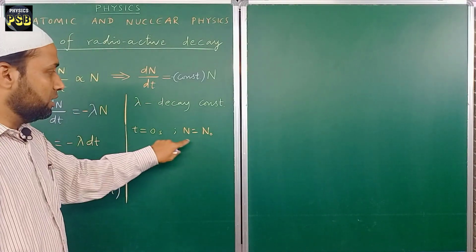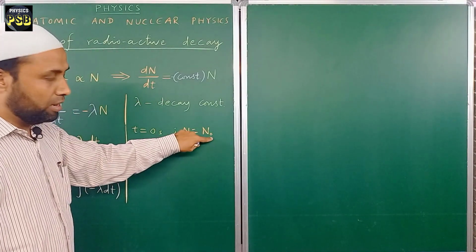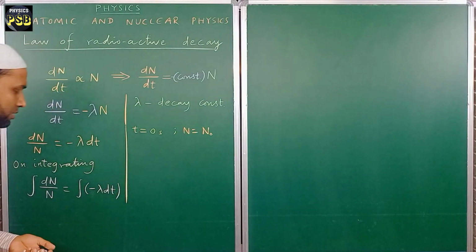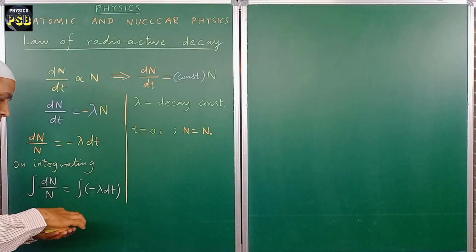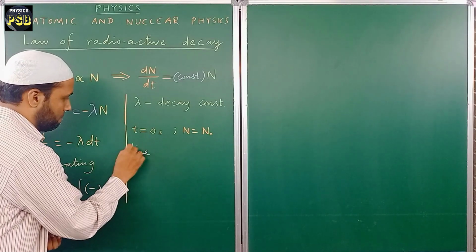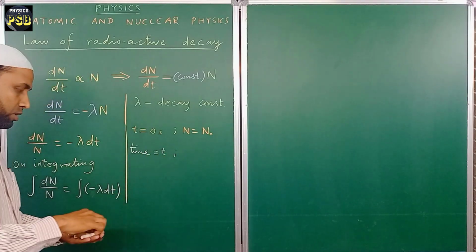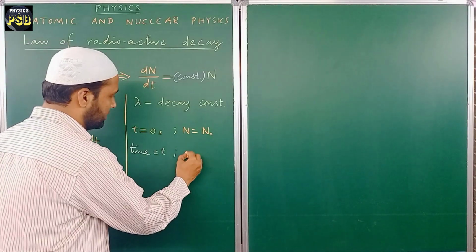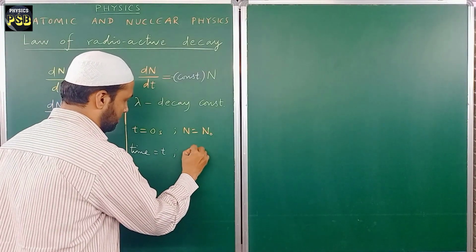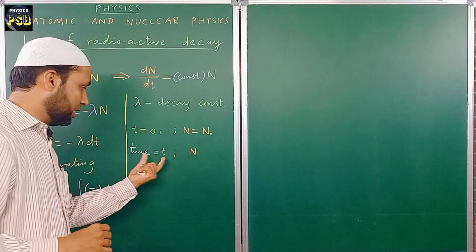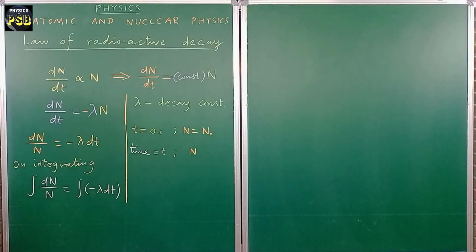As time goes, at a time t, the number of nuclei at any given time t is taken as N. So I am going to provide limits to this integration. Here the lower limit is N naught and the upper limit is taken as N.